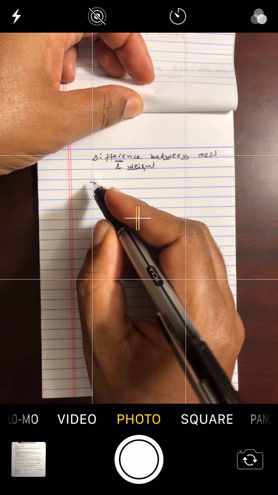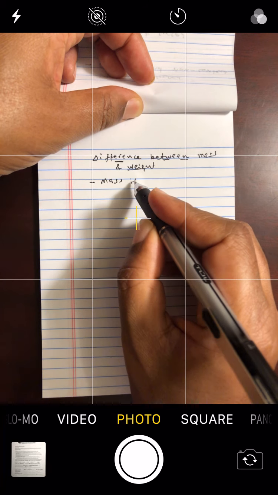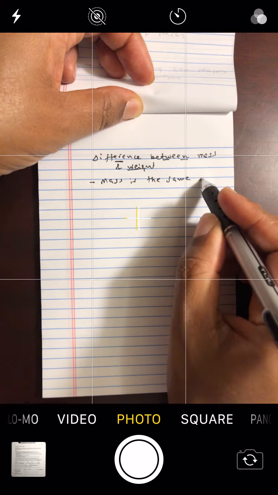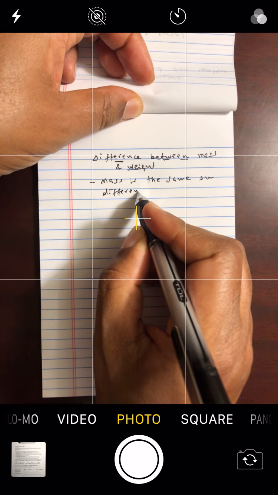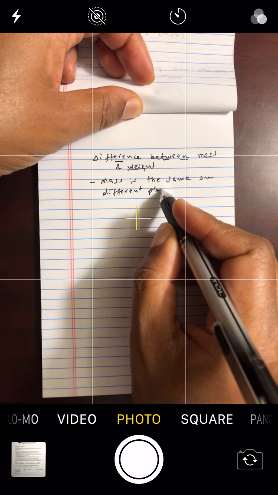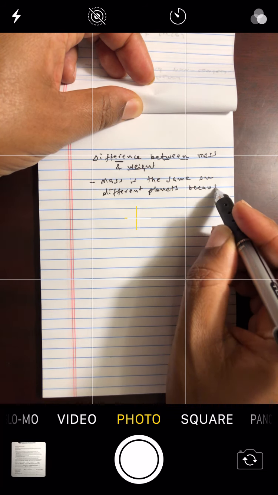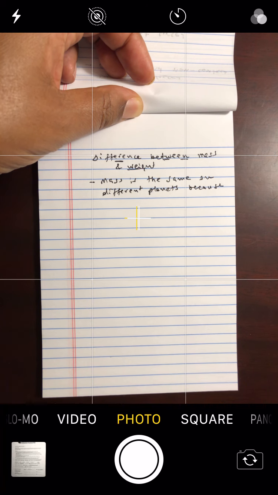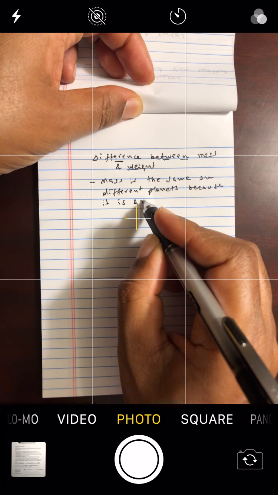So the difference is mass is the same on different planets, because it's just a measure of the amount of matter the object has, and that doesn't change.